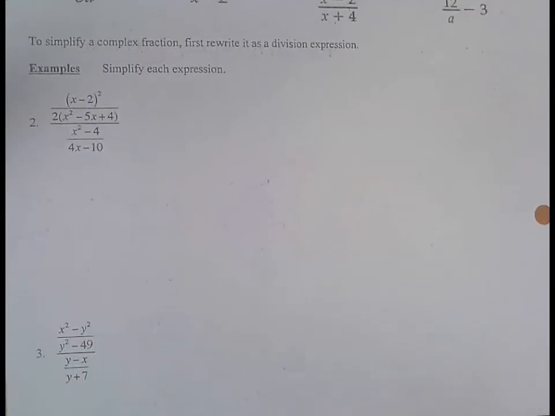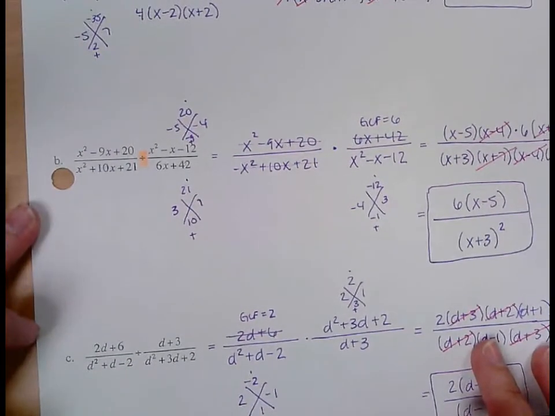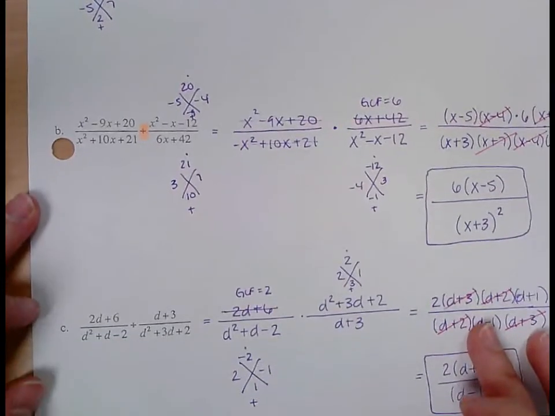To simplify these, you have to remember that a fraction just represents a division problem. So you want to rewrite it first as a division problem and then work through it just like you would have worked through examples B and C for example 1.